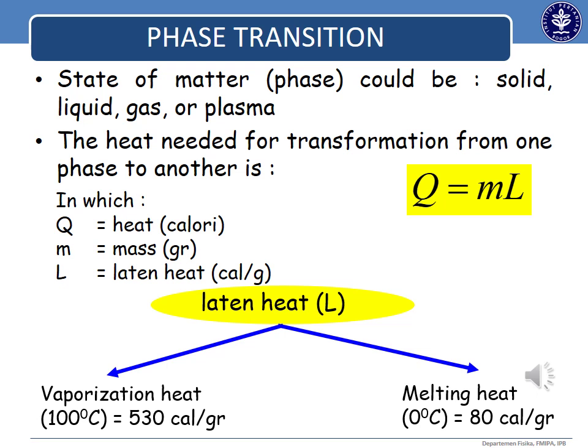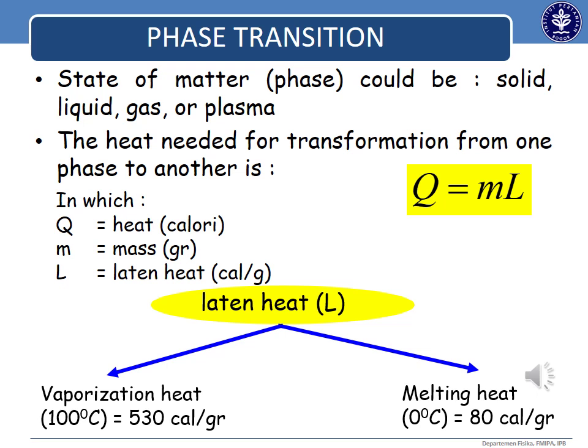This is a lot higher as compared to the specific heat of water. To increase the temperature of water by 1 degree Celsius, you only need 1 calorie per gram per degree Celsius. But to change 1 gram of ice into 1 gram of liquid water, you need 80 calories per gram.